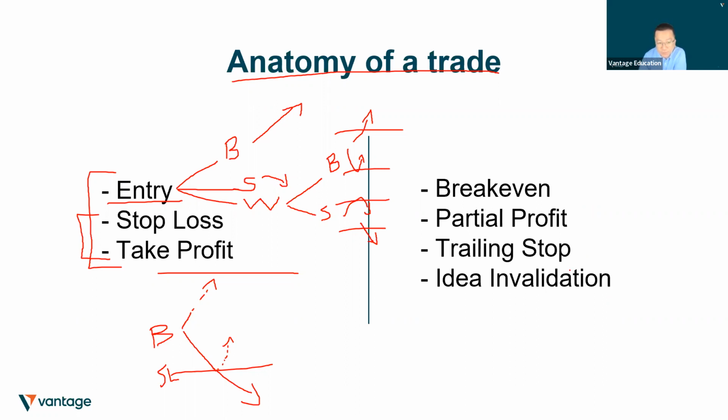Trailing stop, right? In the case where you might not want to close out partial profits, you might want to hold on to the trade and let it run. Your stop loss can be moved up. If you're buying, it can be moved up according to price as it moves up, so that you have an automatic trailing stop.